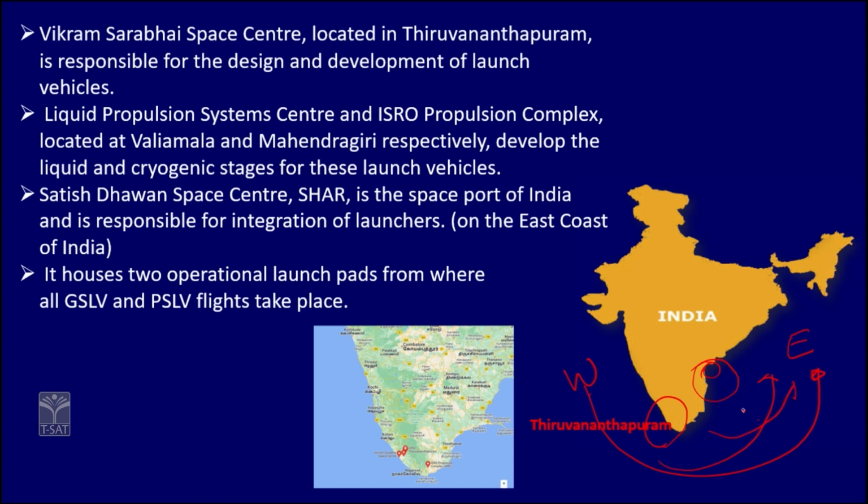So if we want to launch in this direction, it should go in this way itself. If you send this satellite like this, what happens? We need more power, because the earth is moving in this direction and you want to move in the other direction. You would need double the power.